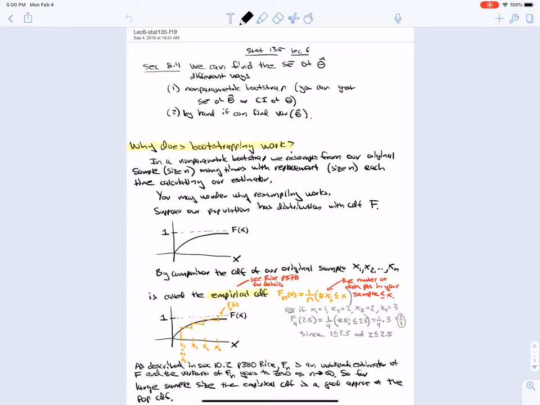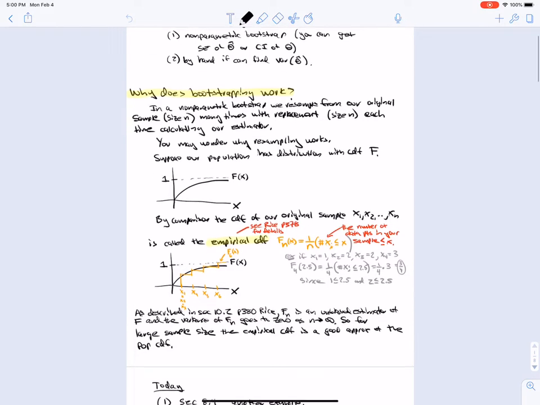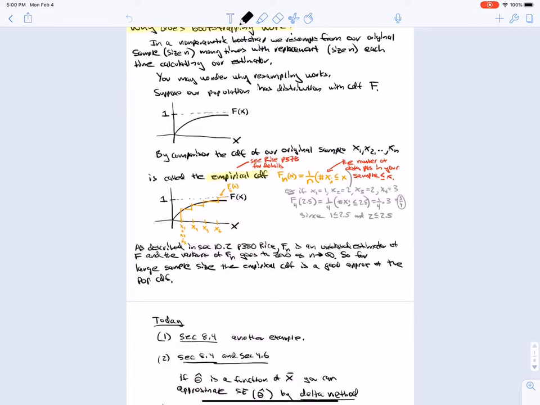And the reason is, if you look at the CDF for your population, let's call that F. You can compare this with the empirical CDF, which, for a sample size n, is the fraction of your sample that's less than or equal to x, divided by the total sample size n.